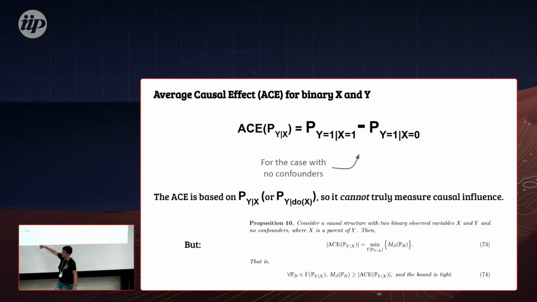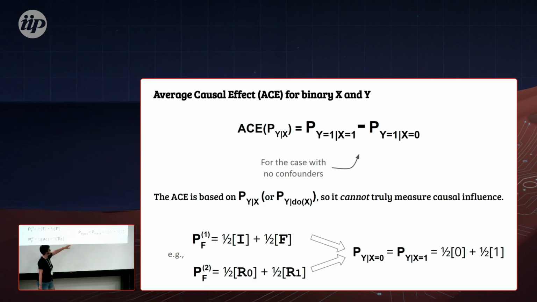So in that case, I had 2 giving rise to 1, but look at the list of all of them. Now look at the value of beta, the probability of causation, for all of those. Pick the one that has the smallest value of beta. This value is going to be the absolute value of the average causal effect. So in this example here, the average causal effect is 0.